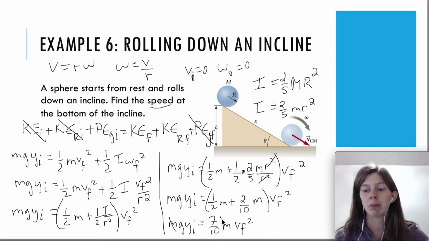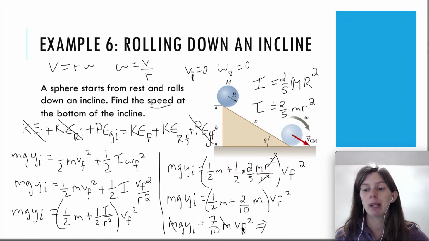The mass doesn't even matter. In the previous question, the masses were the same. The mass does not even affect the speed. Just like in free fall, the mass doesn't matter. What we see that matters is that factor of 2/5, which depends on the moment of inertia. How the mass is distributed is what's going to affect that final speed.